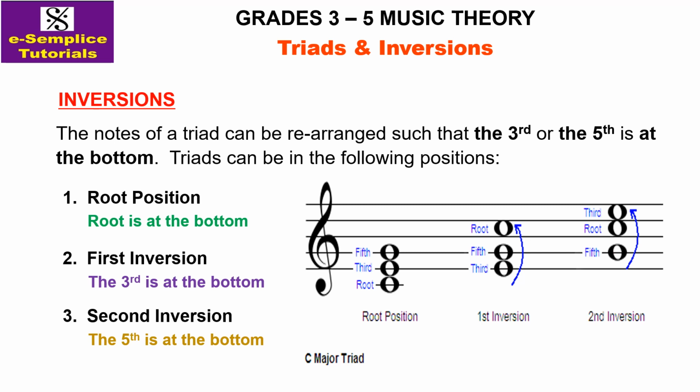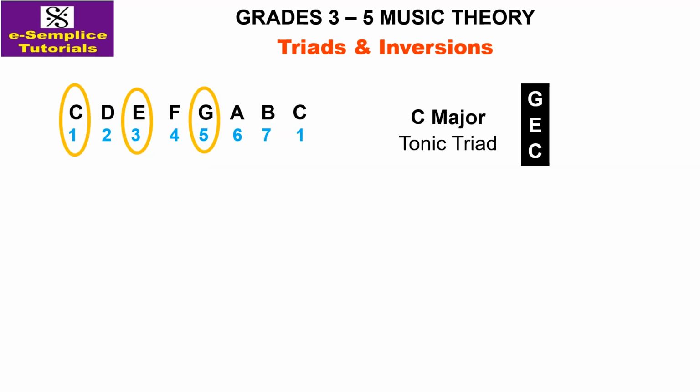Let's take some examples. We are looking at the C major tonic triad. The notes in the scale are there, the degrees of the scale, then the tonic, the third, the fifth. If you stack it, you have C, E, G in that order.